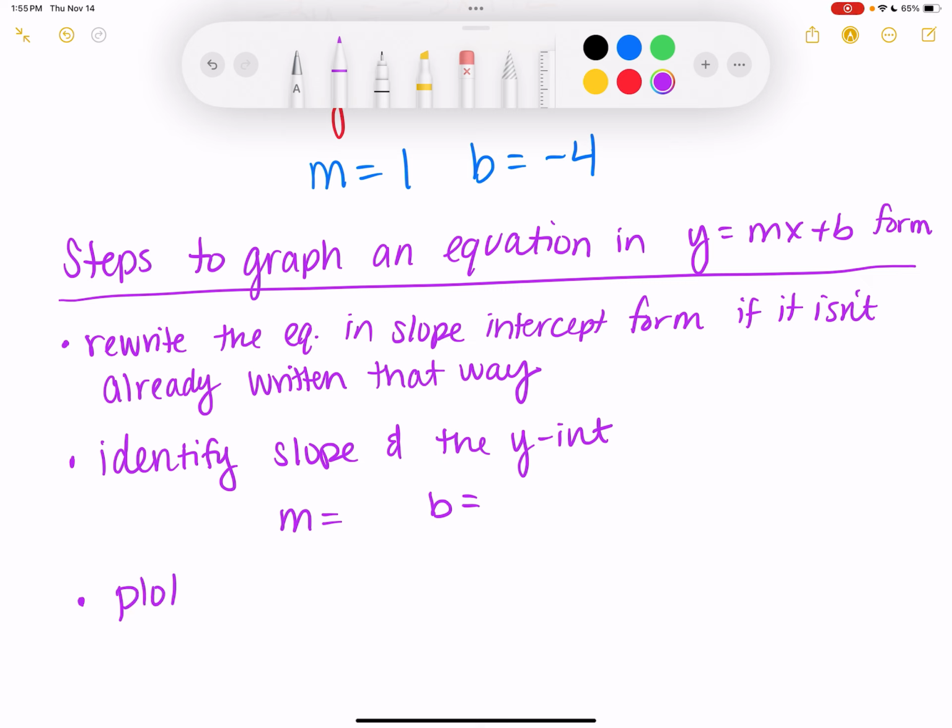Then plot the y-intercept on the graph. So that point's always going to be on the y-axis.